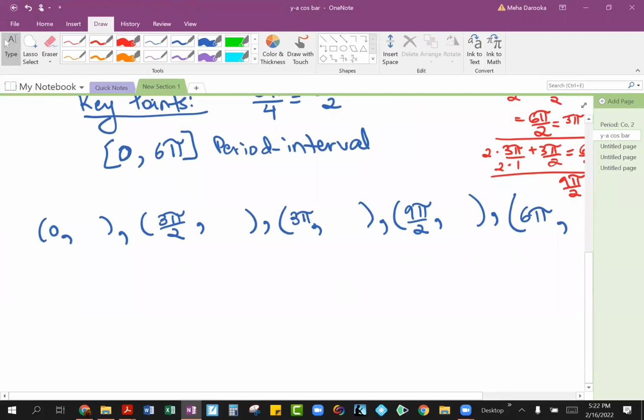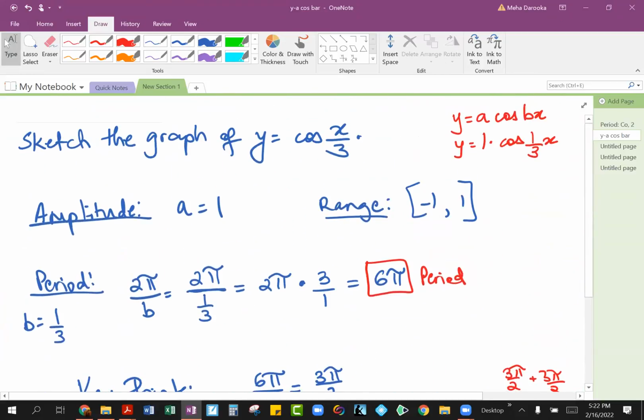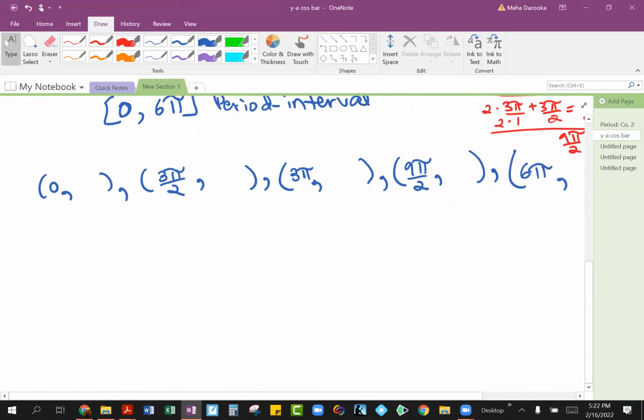Now, once you come up with these values, of course, we need to find our y value. So we go back to the original function of y equals cosine x over 3, and we will start plugging in these x values.